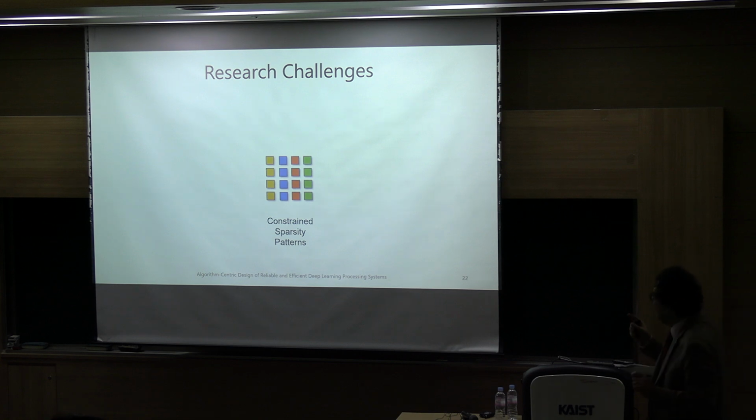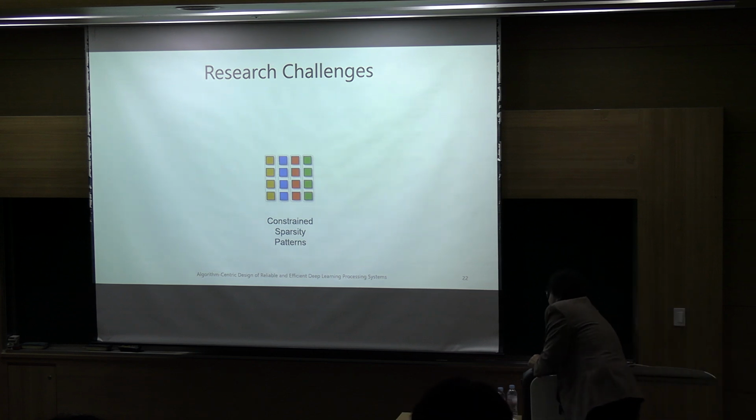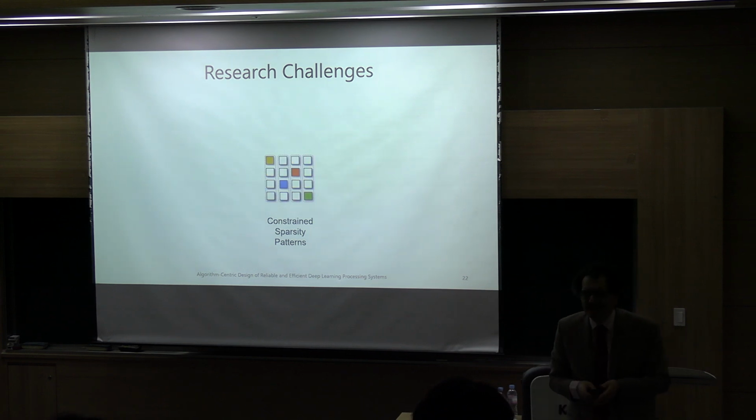So what we've got here is, let's say, a constrained sparsity pattern. Sparsity, as I'm sure you have heard, is that when you do the computation, you don't need all of those computational nodes to be operating. So consequently, you may find yourself in a situation where you only need a certain subset.